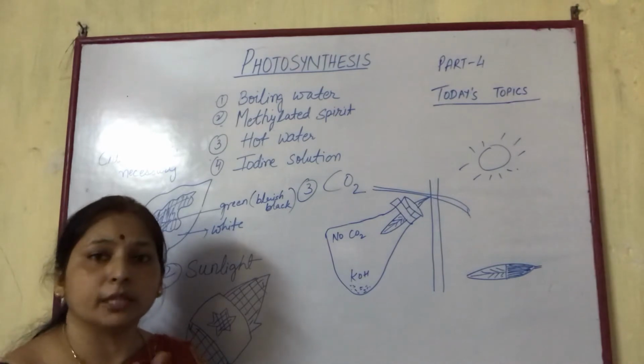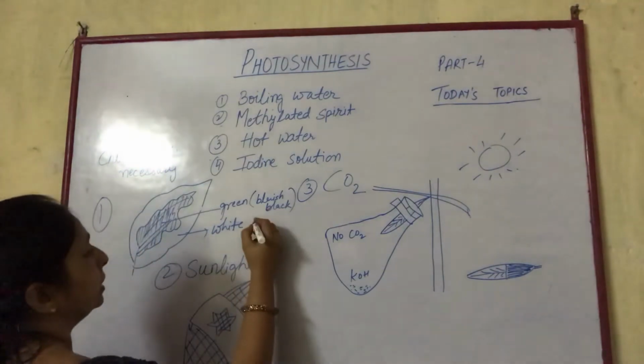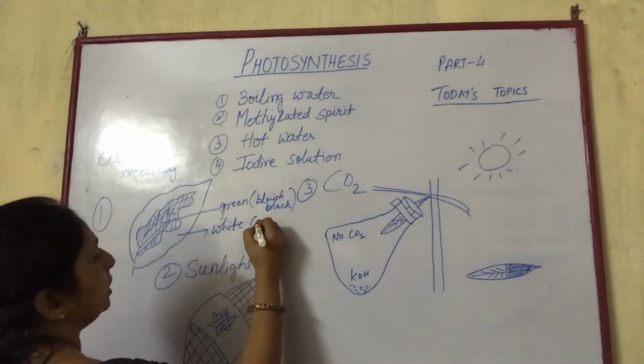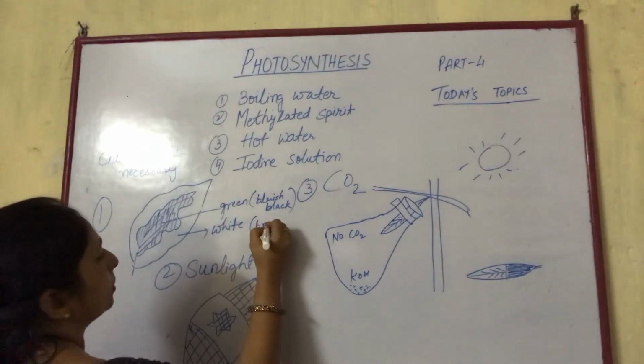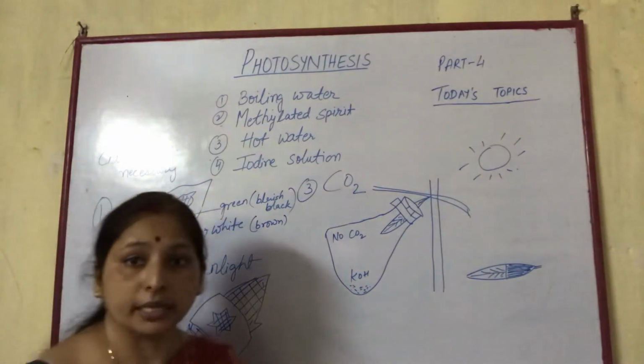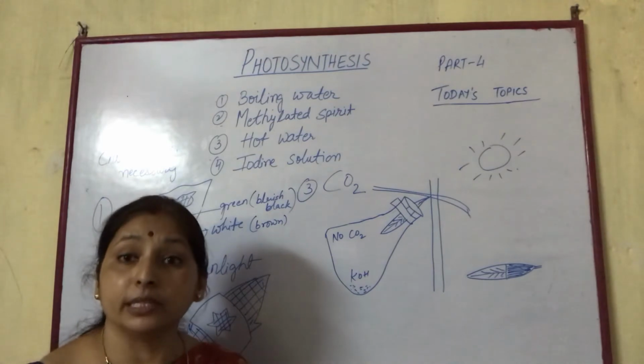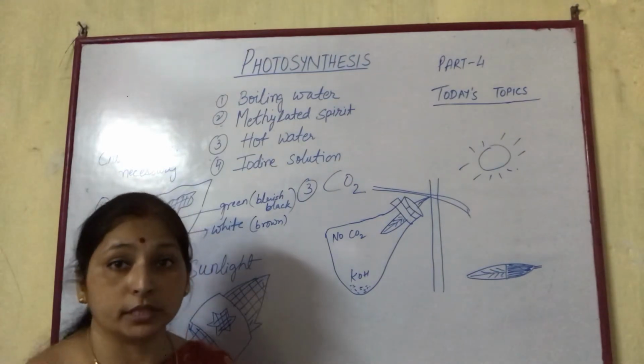Green coloration is because of chlorophyll. So the green areas turn bluish black, while the non-green area appears brown. No starch is produced in this area. So this experiment proves that chlorophyll is a necessary pigment for photosynthesis.